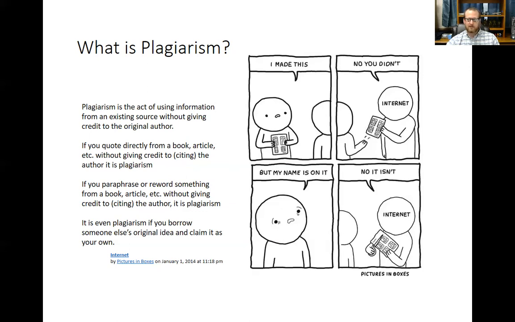But that's really not the case. And what you'll find is if you quote directly from a book and you don't cite it, then of course that's plagiarism. But also, if you paraphrase or reword something from a book, article, or an existing source, that's also plagiarism because you're taking the idea. And so therefore, even if you're just borrowing someone else's original idea and claiming it as your own, it's also plagiarism. So oftentimes we don't take plagiarism as seriously as we probably should.